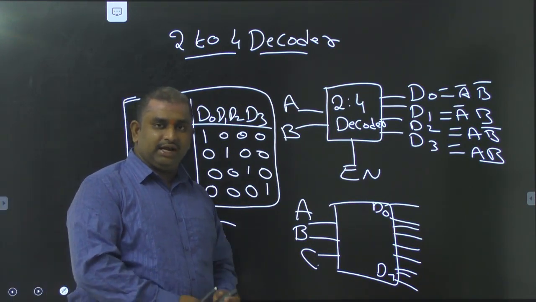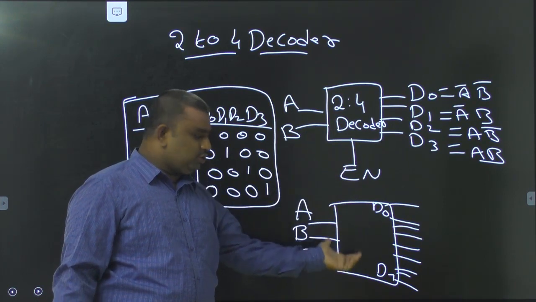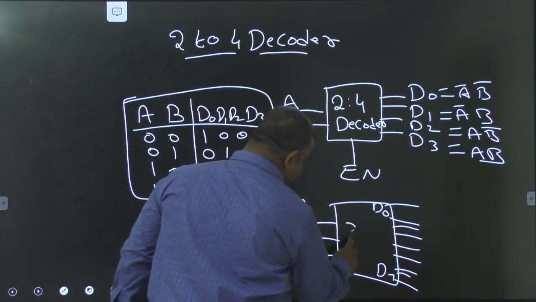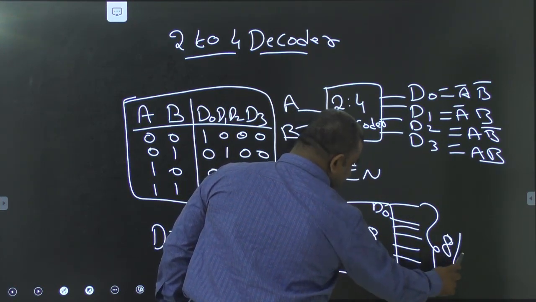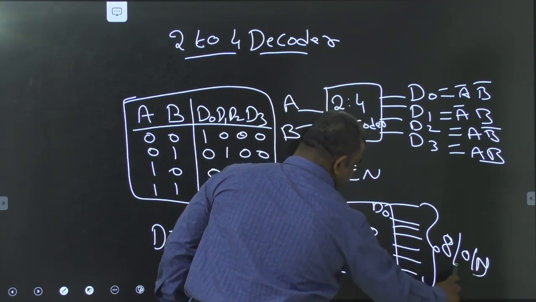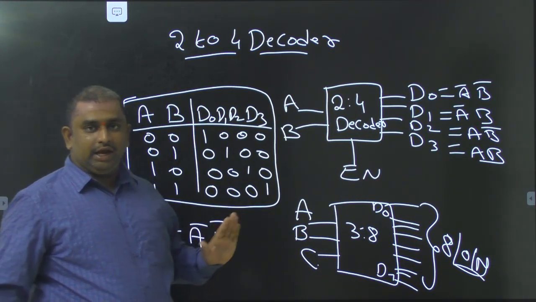Totally 8 outputs are available. So here by using 2 to 4 decoders, you have to implement the 3 to 8 decoder operation. This is 3 to 8 decoder. Here we have 8 outputs, and we have to implement all 8 outputs.